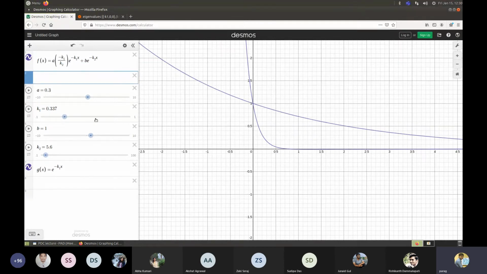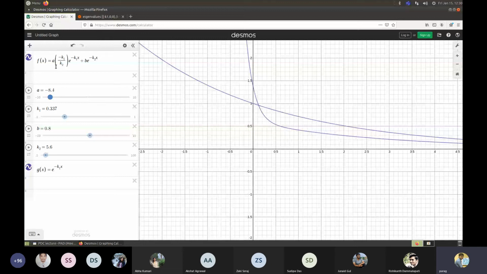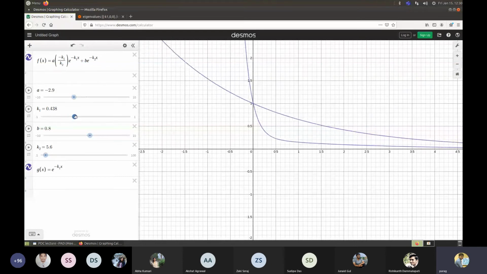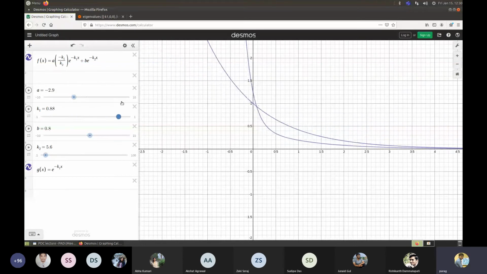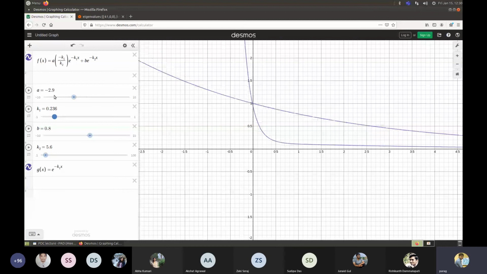Okay, and let's see if we get any change. The negative ones we are not considering because the concentration cannot be negative. And this only shifts it. This again doesn't change anything. Okay, this also doesn't change anything.